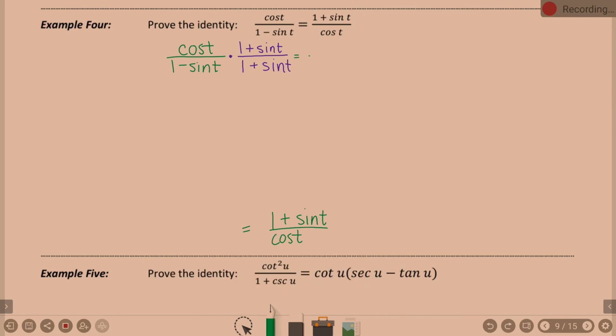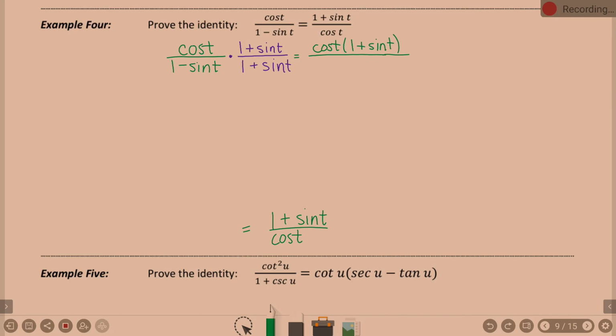On top, I would consider multiplying it out, but I don't see anything to be gained from it right now. So I'm just going to leave this as cosine t times 1 plus sine t.